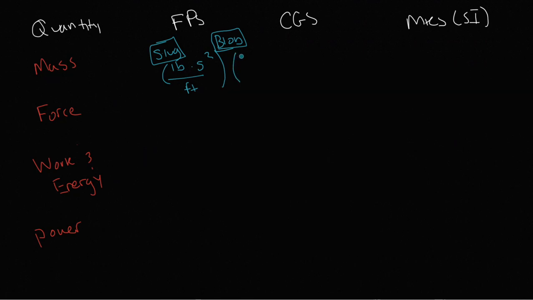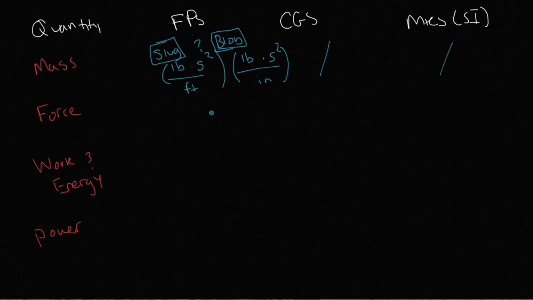With blob, it's pounds times seconds squared over inches. Both are used to represent the quantity mass. You can't find it as a basic unit in the FPS system. But for the CGS and MKS systems, the basic unit's already there. It is just grams or kilograms, so we don't have to put anything there.